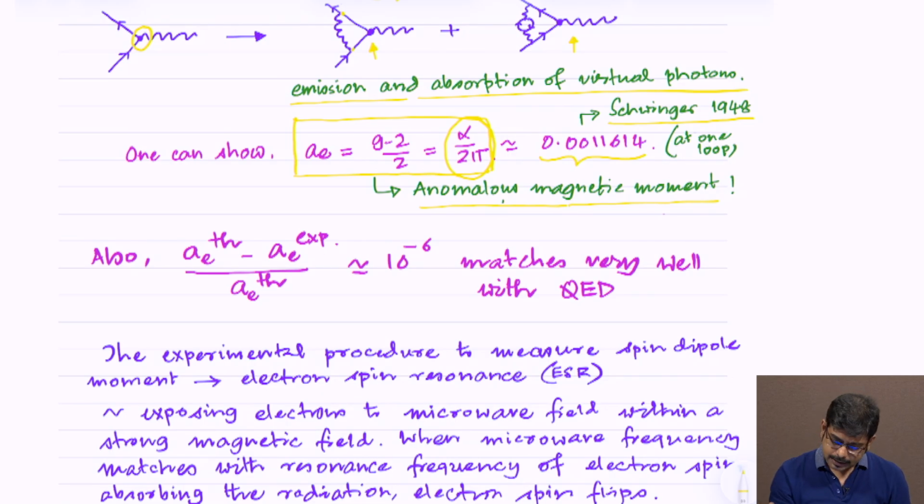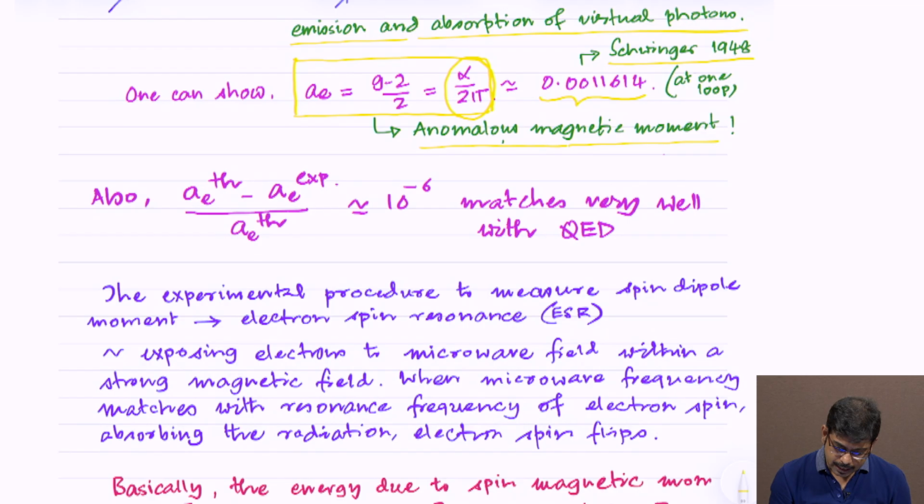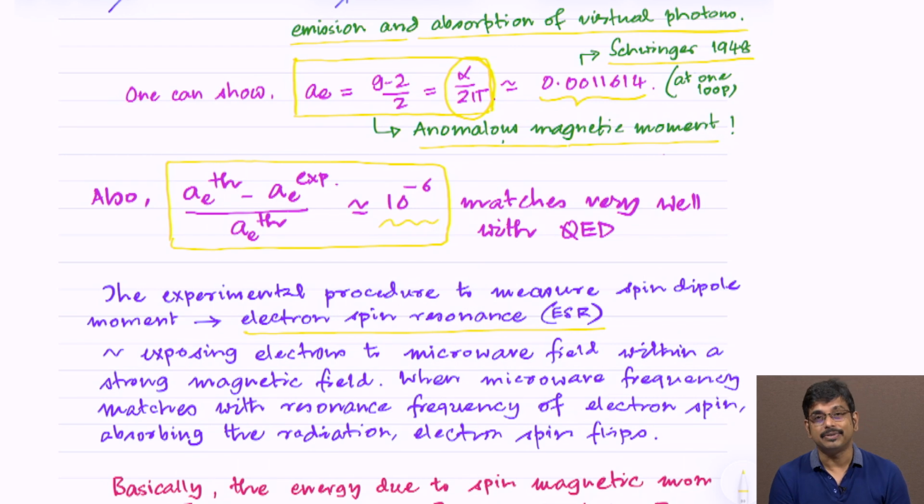You do an experiment where you use electron spin resonance or ESR, and you find that this small tiny deviation that you theoretically calculated, a_e theoretical minus a_e experimental divided by a_e theoretical, is of the order of 10 to the power minus 6 or even less, and this matches very well with the quantum electrodynamics calculations.